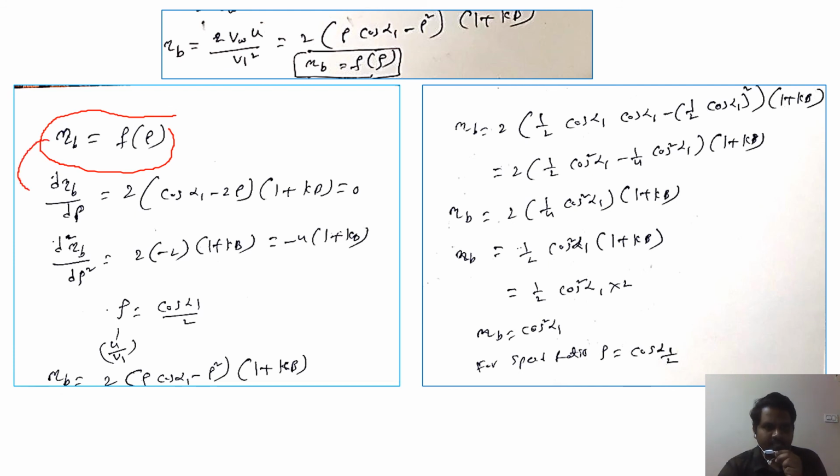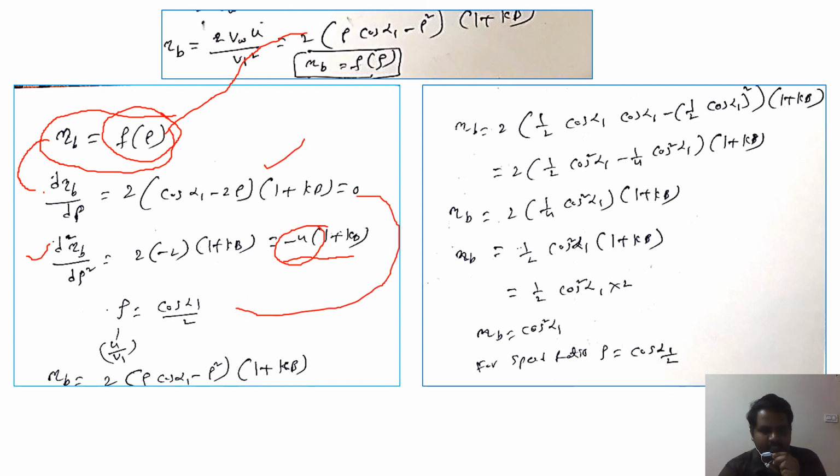If you differentiate this equation, d blade efficiency by d rho equals 2 into cos alpha 1 minus 2 rho into 1 plus KB, equals 0. If we differentiate again, that would be 2 into minus 2 into 1 plus KB, that is minus 4 into 1 plus KB. Here the value is negative, so we consider this equation.